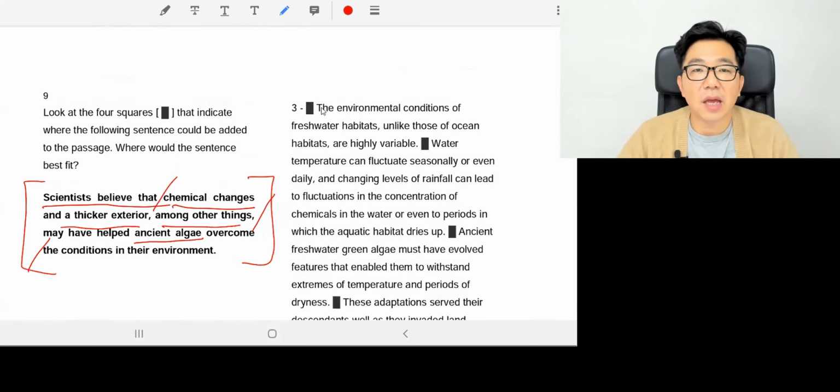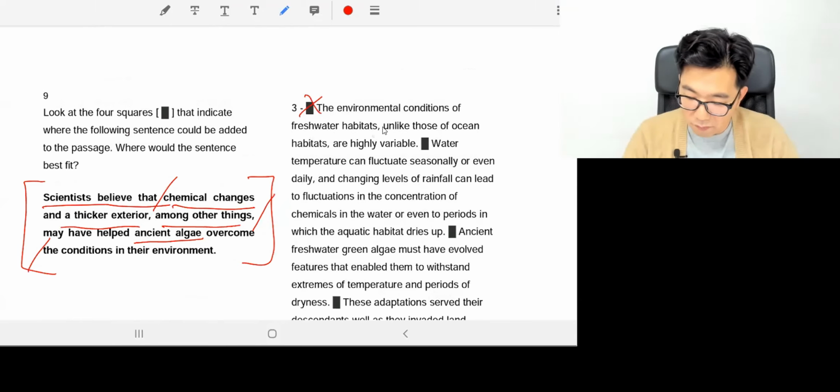But let's read this and just double check. The environmental conditions of freshwater habitats, unlike those of ocean habitats, are highly variable. Yeah, see? The first one is not the answer. It cannot be here, right?